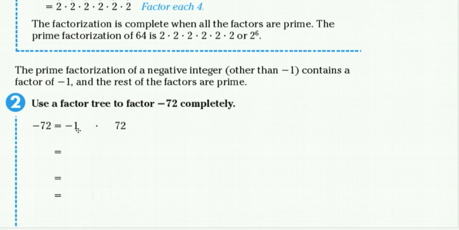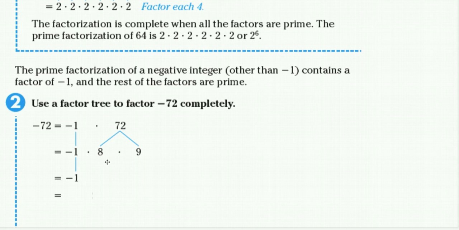So we get that negative out of the way. We can now factor 72. So we simply bring down the negative 1 every single time. Any two factors of 72 will do. In this case, we use 8 and 9. And we know for a fact that 8 is not a prime number, 9 is not a prime number, so we continue factoring. And we simply bring down the negative 1 as well.